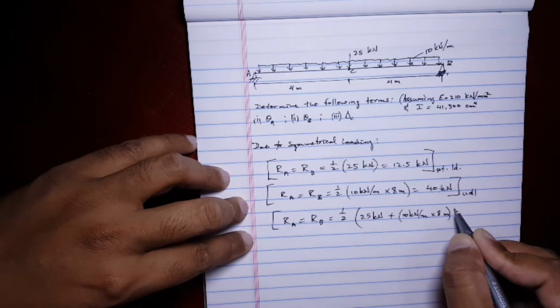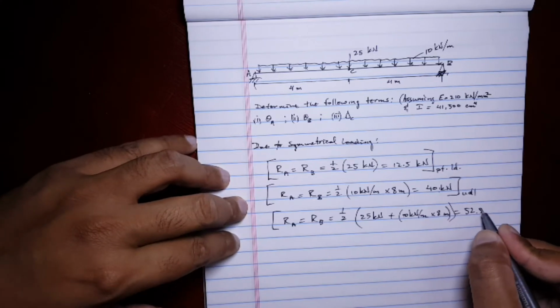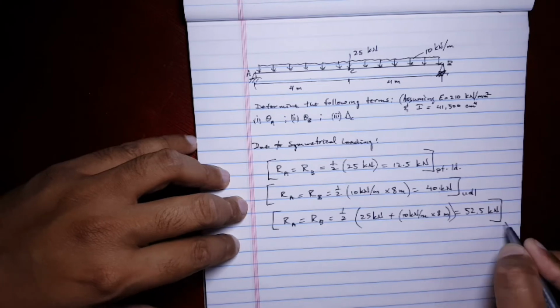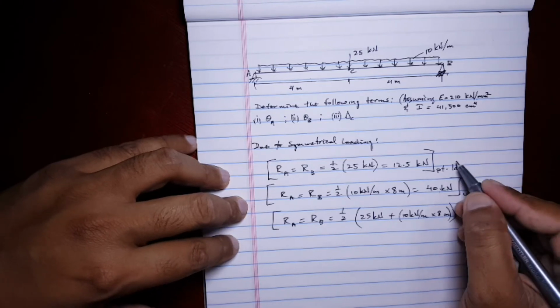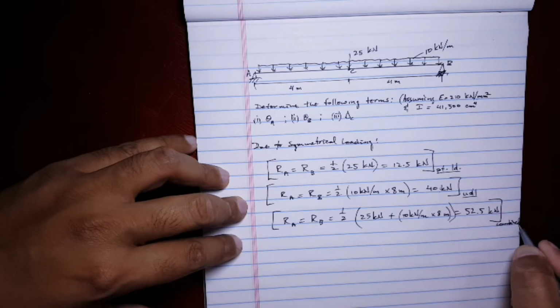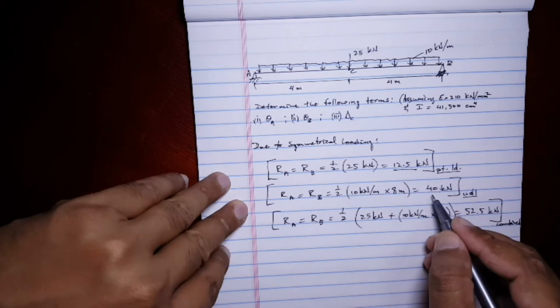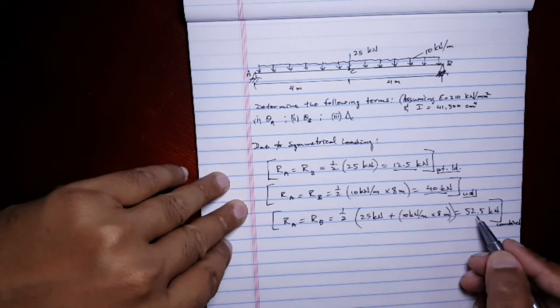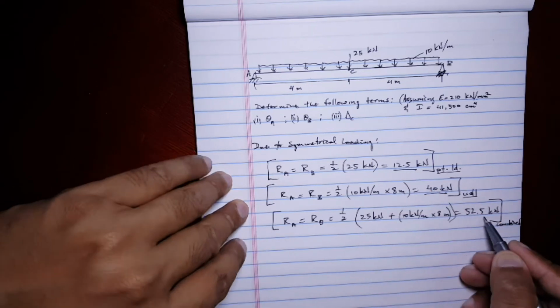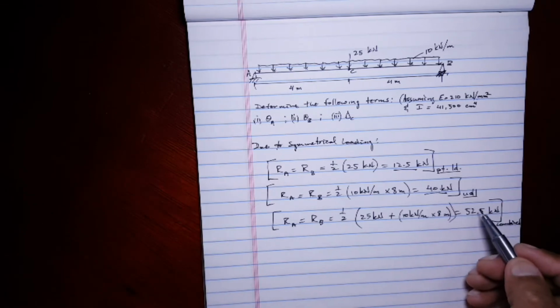And this gives you 52.5 kilonewtons. So that is if you were to combine the point load and the UDL. If you look at just the answers here, 12.5 and this 40, adding them up would have simply given you the same 52.5. So their effects combined give you the same thing.